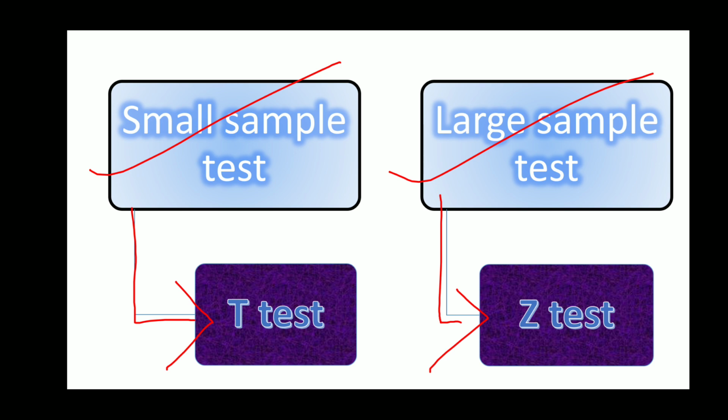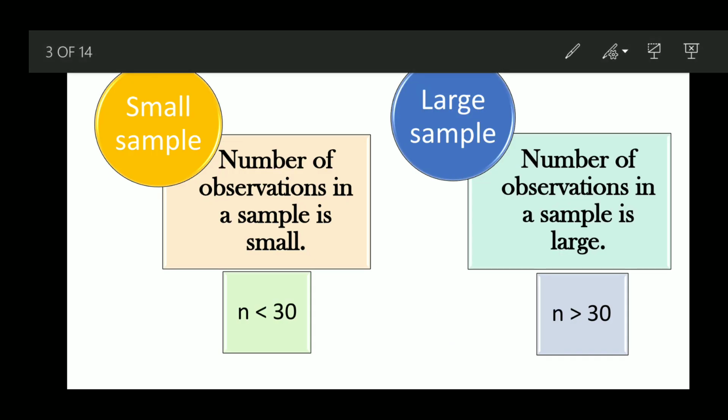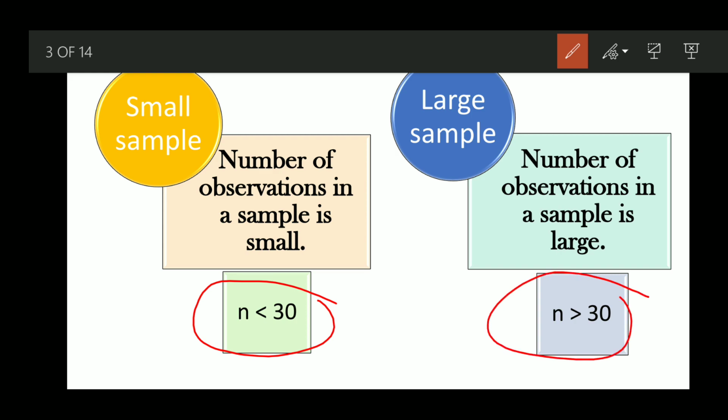Suppose we are dealing with a sample but we don't know whether it is small or large. How do you know that our sample is small or large? For that reason we need to know what is a small sample and a large sample. Basically we call a sample small if the sample size is less than 30. If your sample size is greater than 30, then you have a large sample.